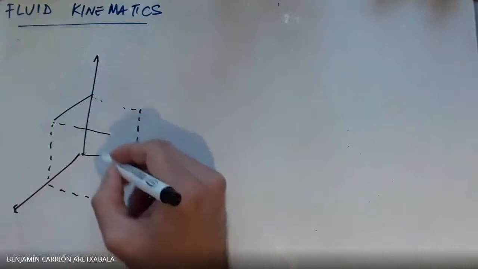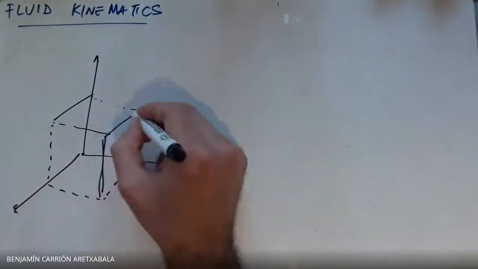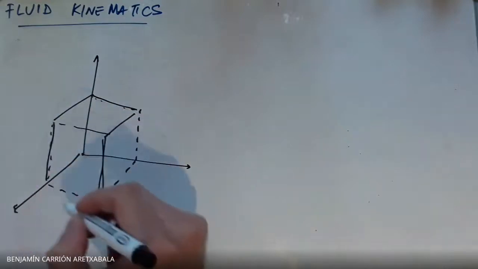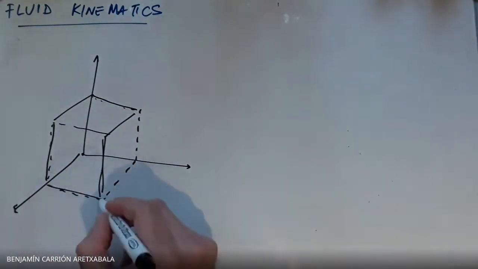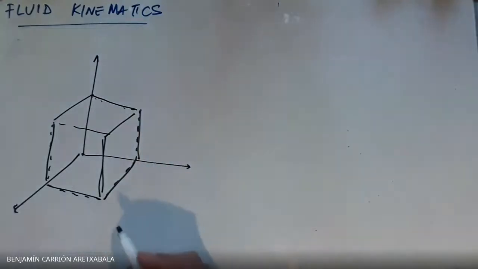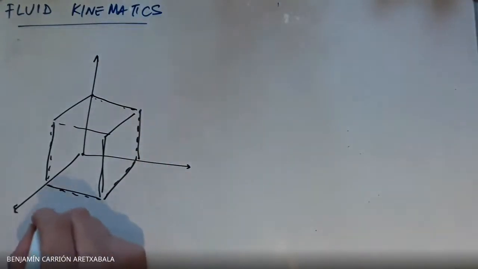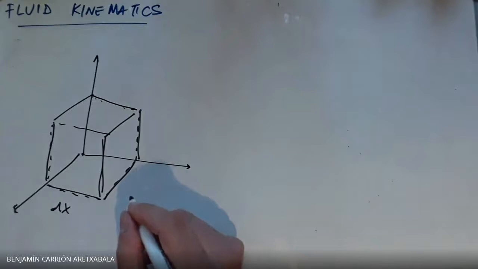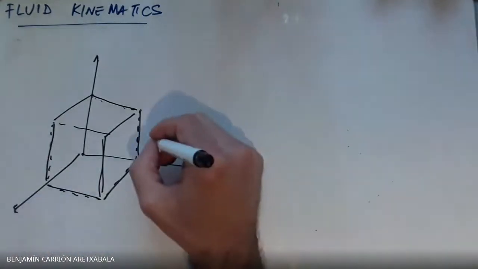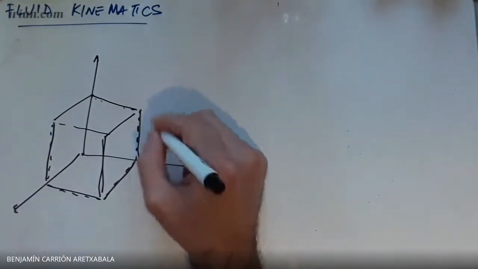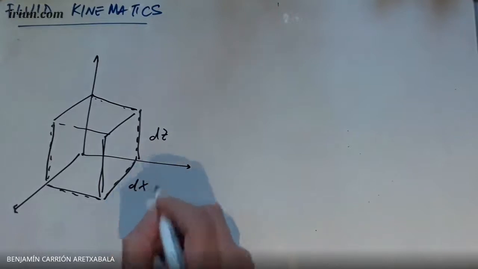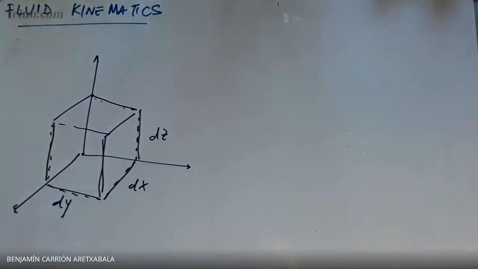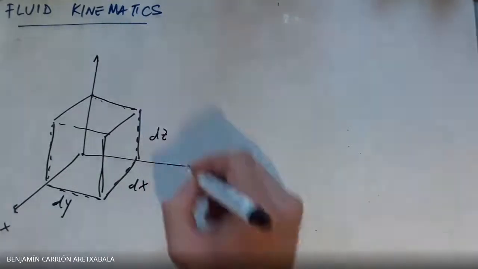This is going to have dimensions of dx. I'm sorry, I'm going to call this dz on the up. This one here is going to be dx, and this one here is going to be dy. So this is x, y, z.